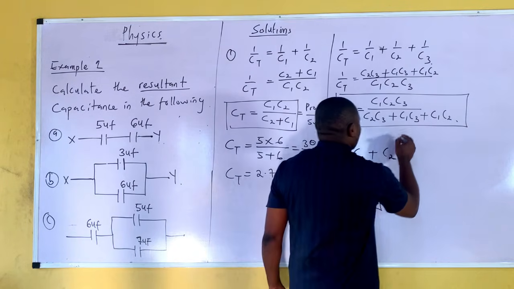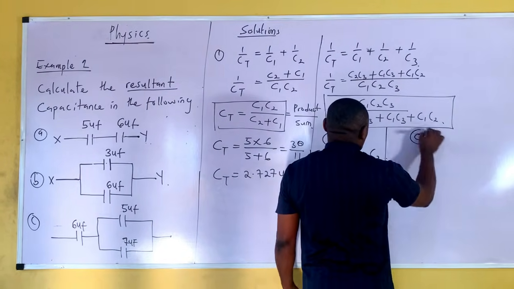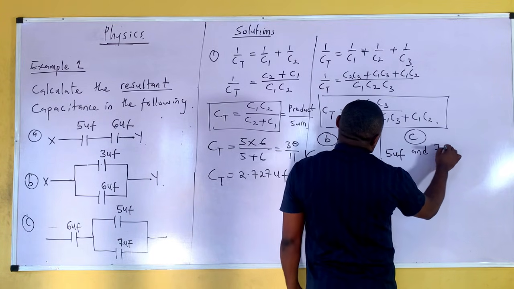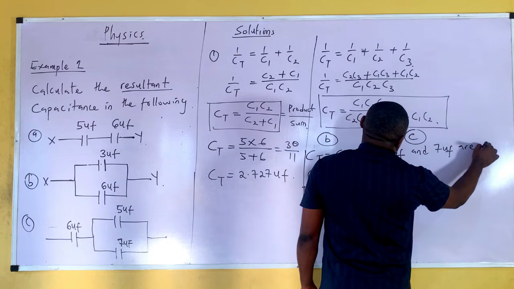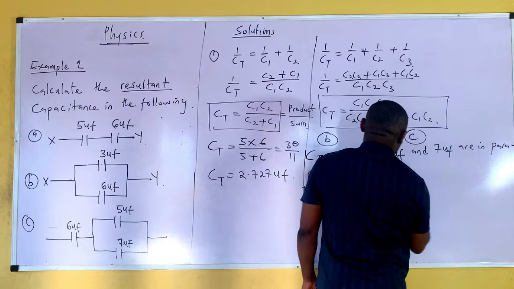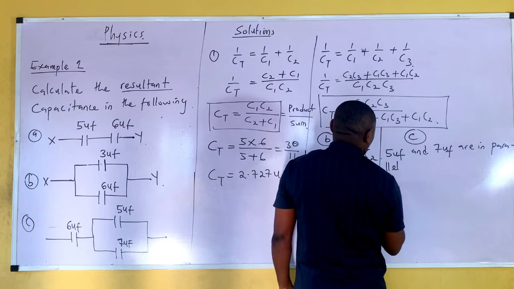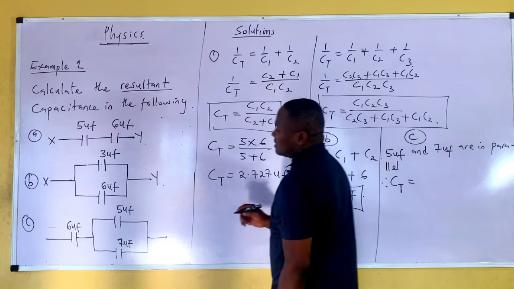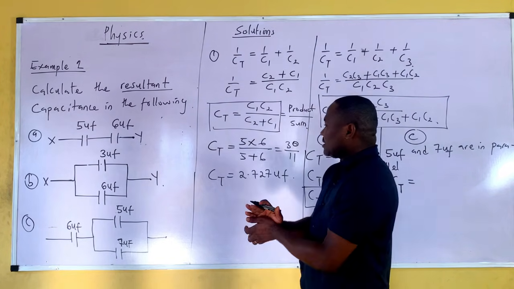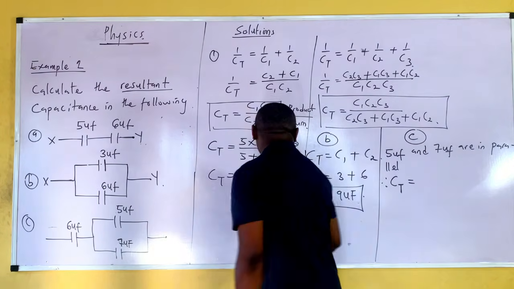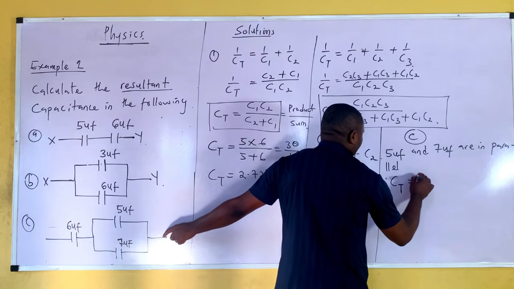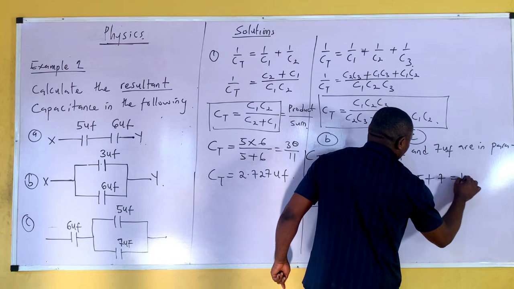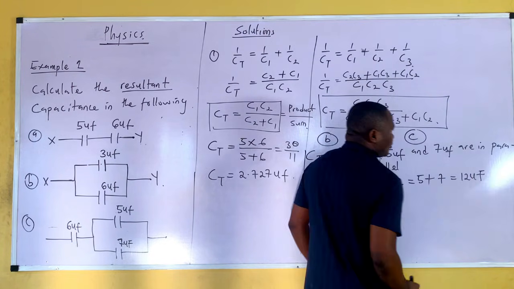To solve question C, note that 5 microfarad and 7 microfarad are in parallel. So what is our total capacitance? Total capacitance in parallel is to just add them up. So my total will be 5 plus 7, which equals 12 microfarad.